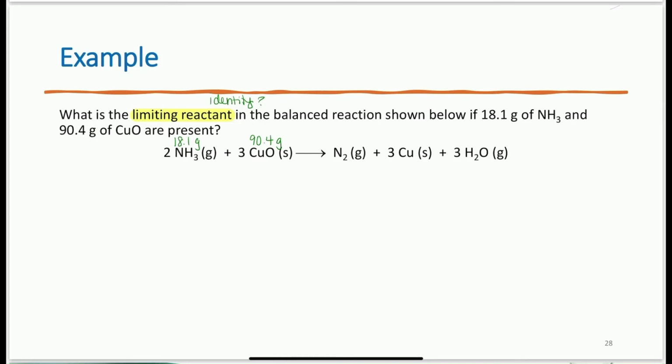So I'm going to do it both ways again. I'm going to do it the way that follows that 6-step method, and I'm going to do it the way where we just compare the two species. Let's go ahead and do the 6-step method first, because that is the way, again, I recommend you doing it. So I want you to ask yourself, how much ammonia is required to completely react all of the copper 2 oxide?